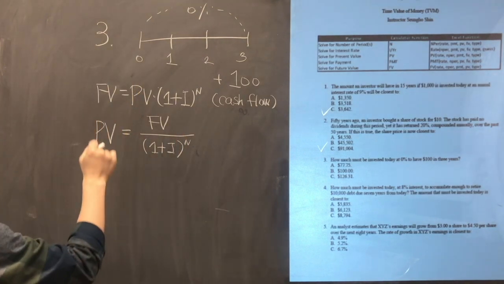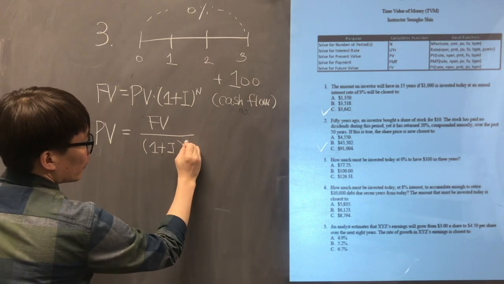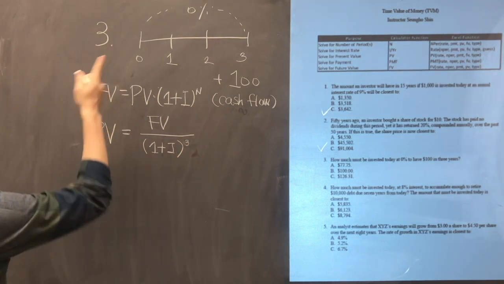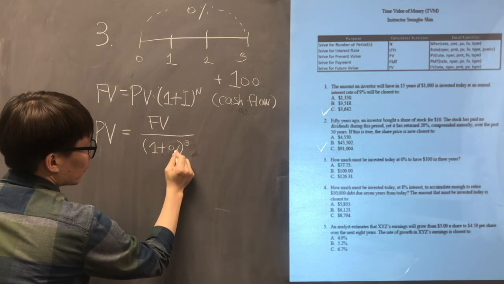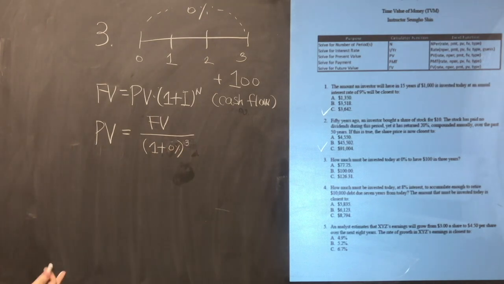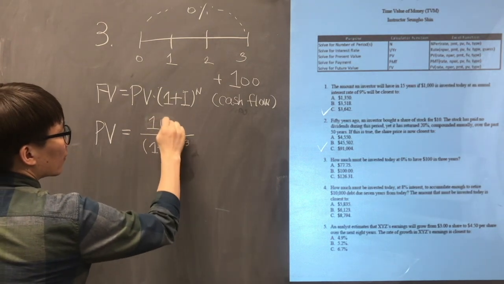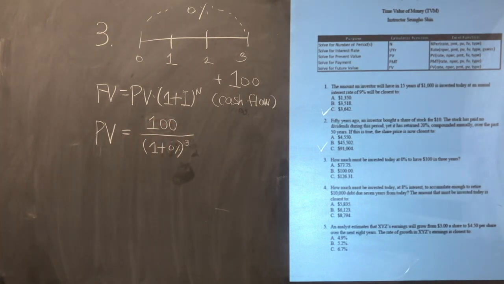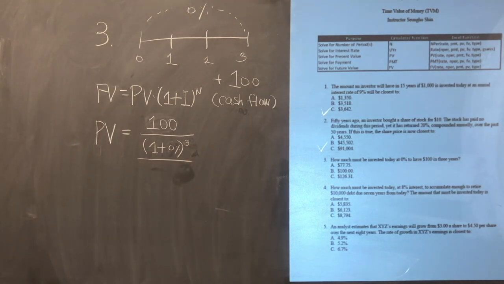So plug and chug. We have 3 years, so here is 3. Interest rate equals 0%. And your future value equals 100. Look at this denominator. The denominator equals 1, right?